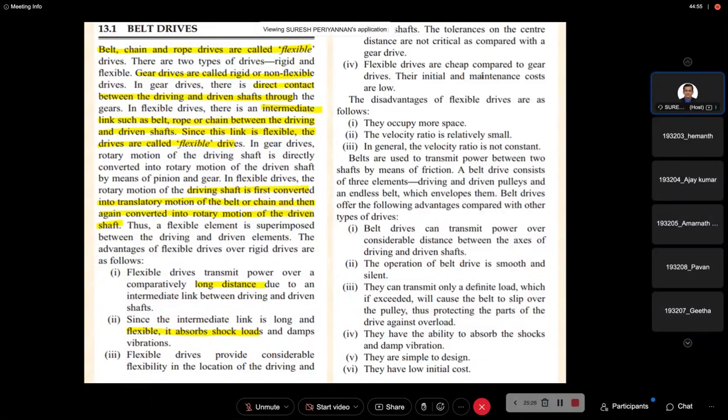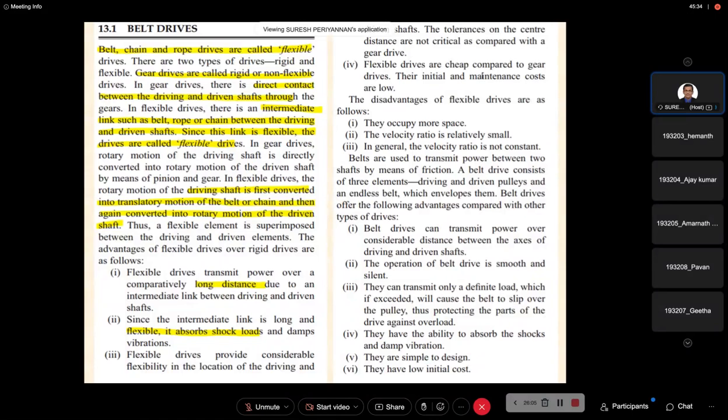Flexible drives need not maintain accurate alignment, because with the belt, if there is some misalignment between the driving shaft and driven shaft, the belt automatically aligns. So these are the advantages of the flexible drive mechanism.